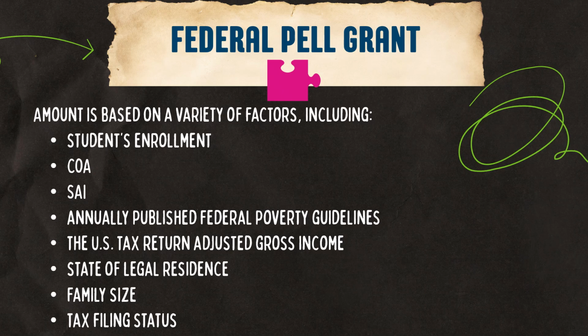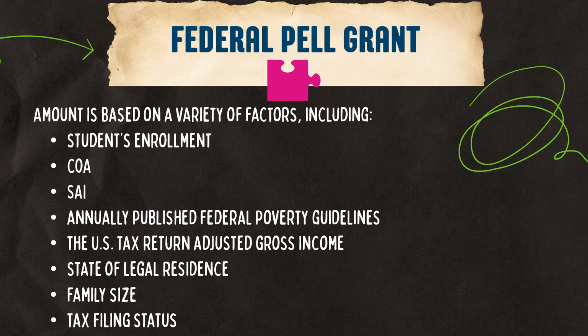The first federal program is the Pell Grant. The amount is based on a variety of factors, including the student's enrollment, the cost of attendance, student aid index, annually published federal poverty guidelines, the U.S. tax return adjusted gross income, state of legal residence, family size, and tax filing status.